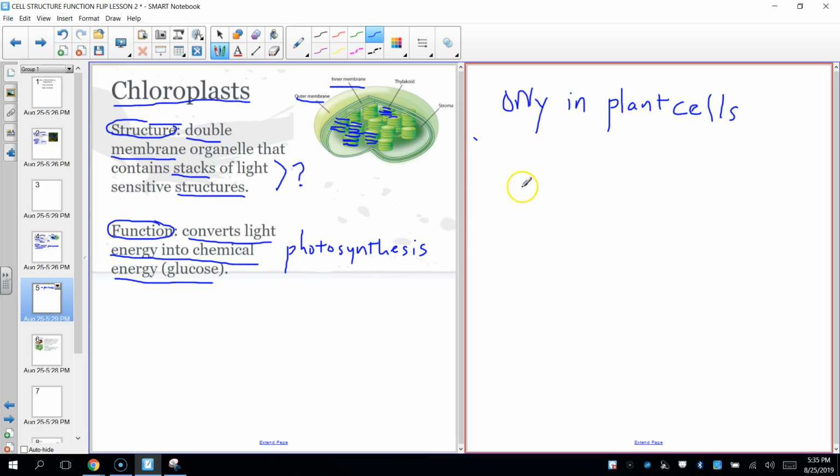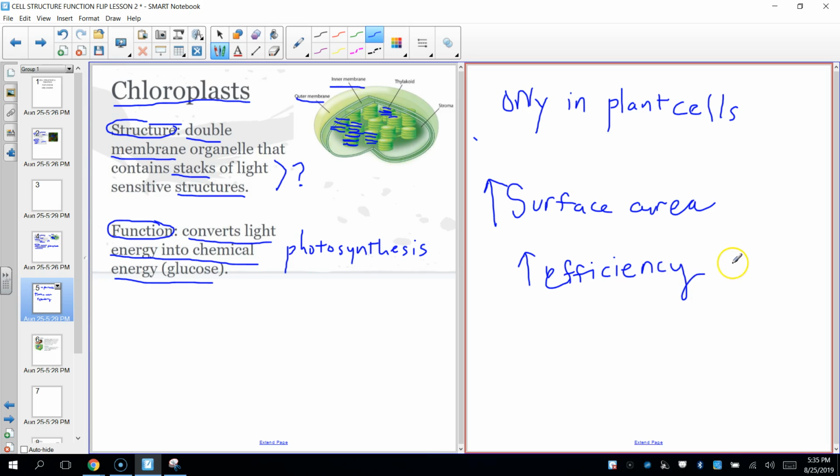It helps with, we talked about it with the mitochondria, the surface area. It increases the surface area. And by increasing the surface area, you're increasing its efficiency at producing glucose, because that is the function.